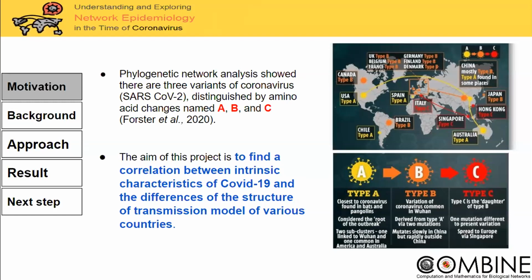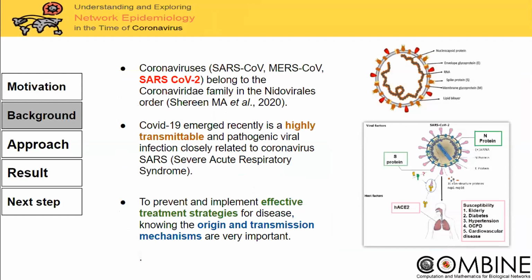For that reason, the aim of this project is to find a correlation between intrinsic characteristics of COVID-19 and the differences in the structure of the transmission model of various countries. As we know, coronaviruses belong to the Coronaviridae family in the Nidovirales order. COVID-19 emerged recently as a highly transmittable and pathogenic viral infection closely related to coronavirus SARS. However, although these strains have different mutations, they do not occur in the spike protein.